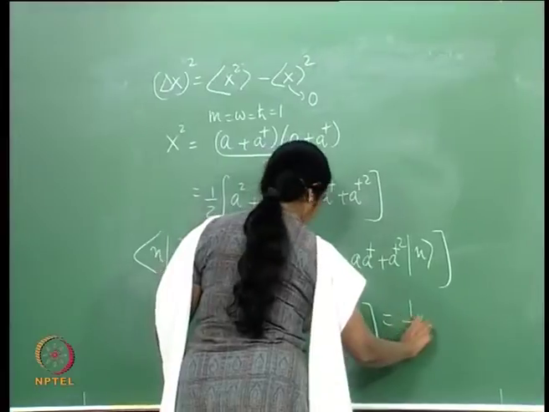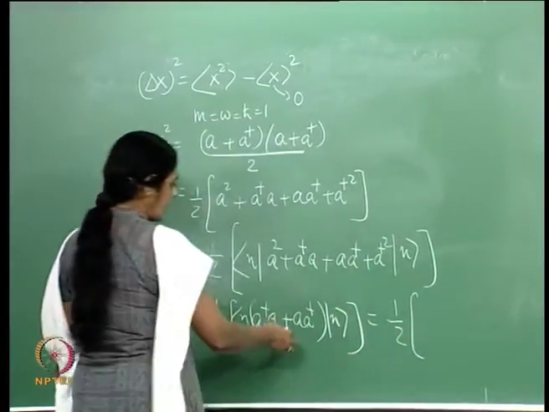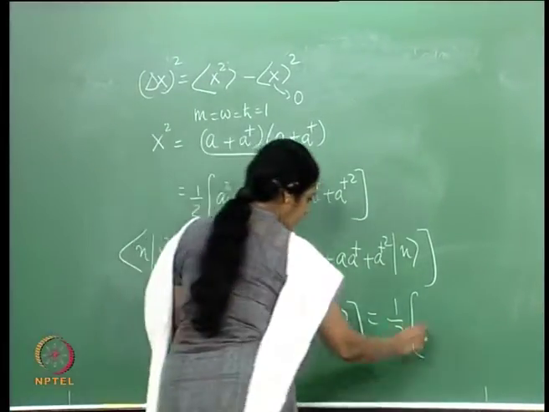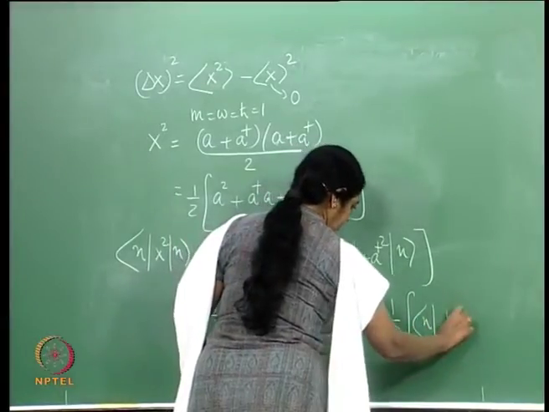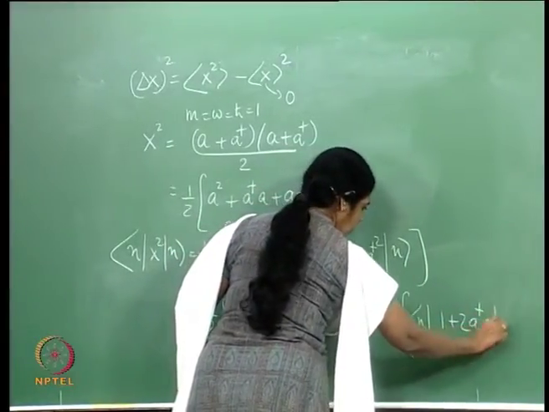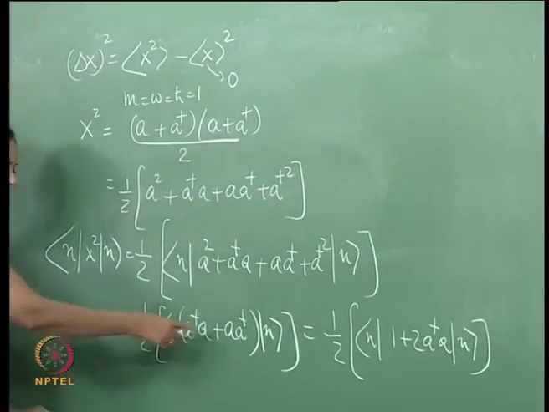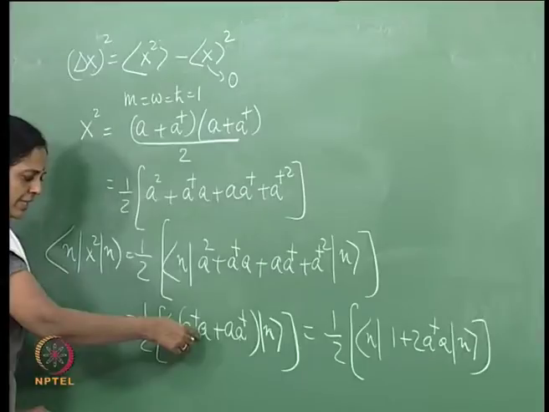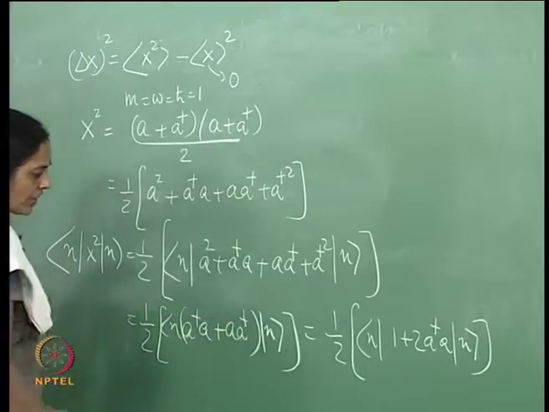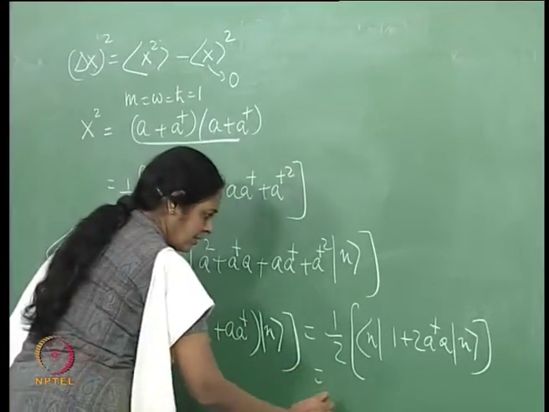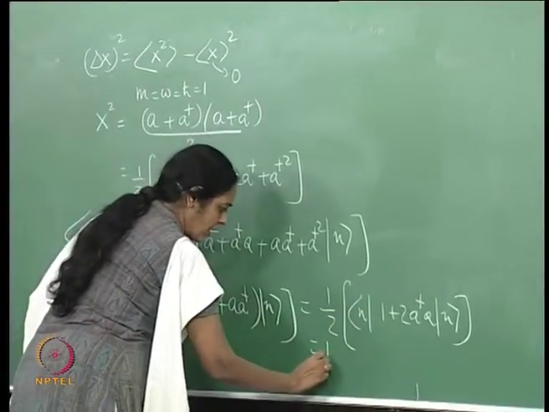Once more, I can write a a dagger as 1 plus a dagger a, and I need to compute this. I have used the fact that a a dagger is 1 plus a dagger a, and that is why I got that. The first term just gives me a half.